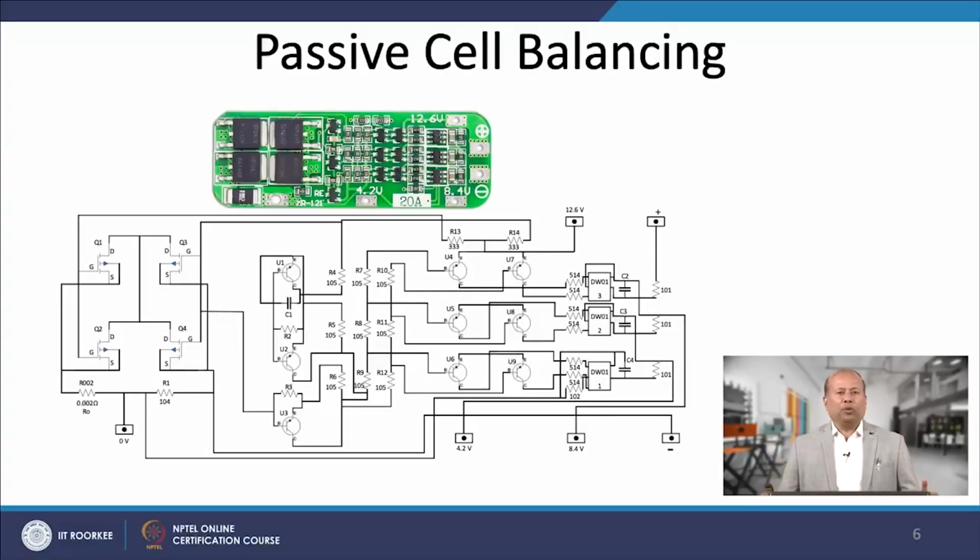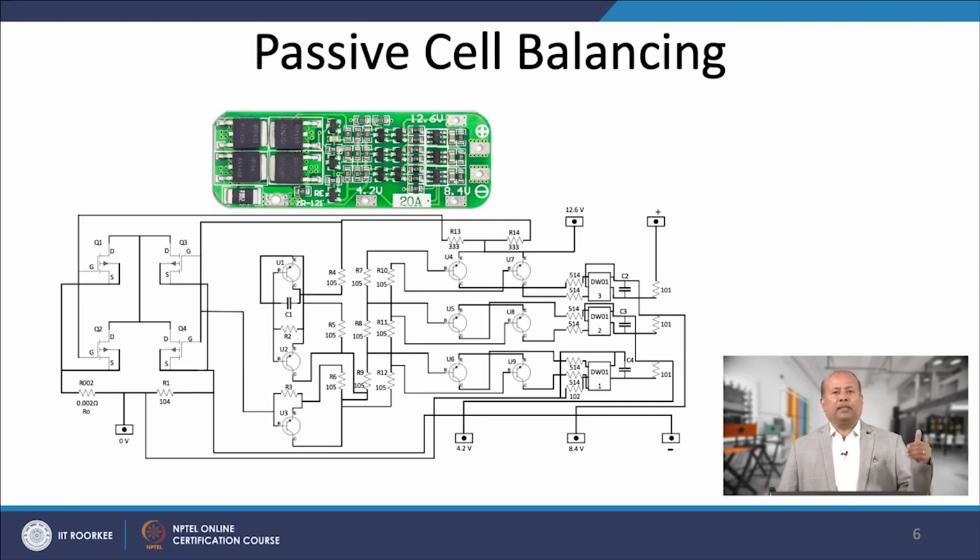The battery module is charged by the DC power supply and the path of the charging goes through the DW01 protection IC and through the switching MOSFETs 1 and 2.